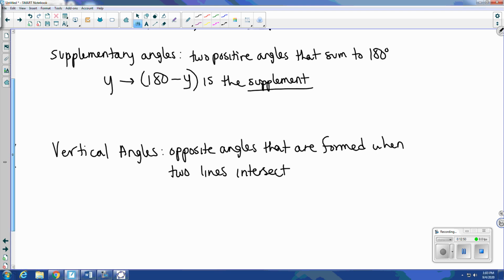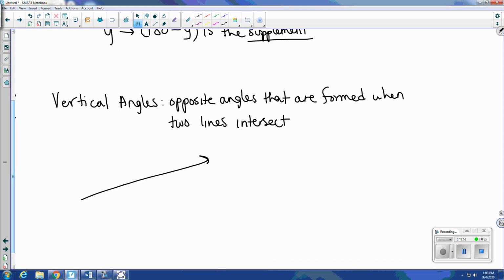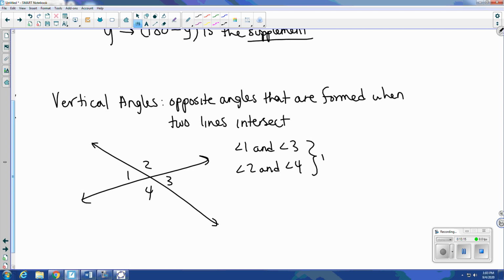So if I have a line and another line, there are four angles that are formed. The angles opposite one another, so the ones that don't share any rays, those are what's considered vertical angles. So angle 1 and angle 3, angle 2 and angle 4. These are vertical.